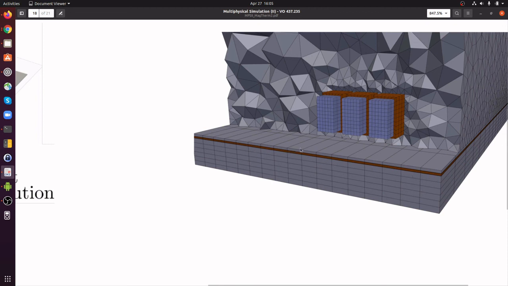But we need to resolve it a little bit finer on top of the sheet, pointing towards the inductors, where we have one layer of air. This gray hexahedral region here is another air layer. Then we're imposing the non-conforming interface and coupling to the air tetrahedral elements.